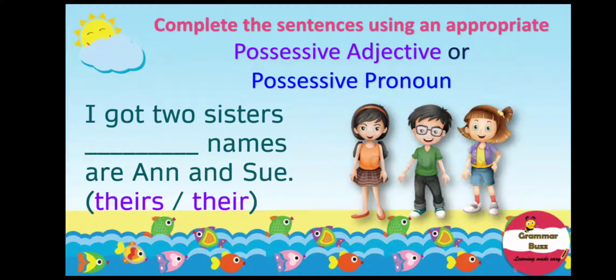And I know you got it. So, it is their. I got two sisters. Their names are Anne and Sue. Excellent job. So, you have understood everything about possessive adjectives and possessive pronouns. Excellent job.